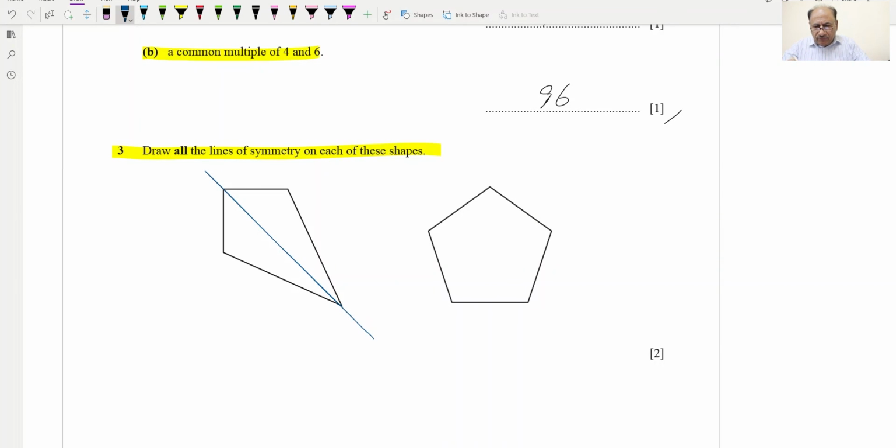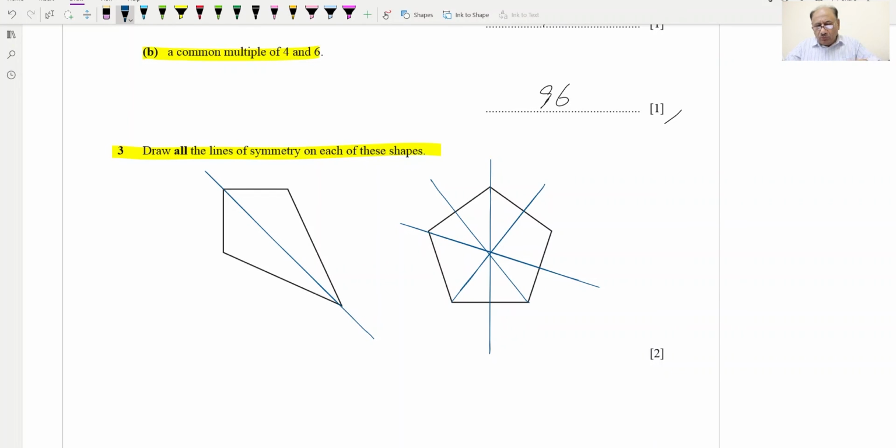For this pentagon, one line of symmetry can be this one, the second can be this one, the third we can draw like this, and the fourth also like this.